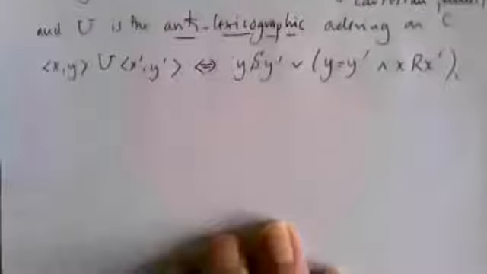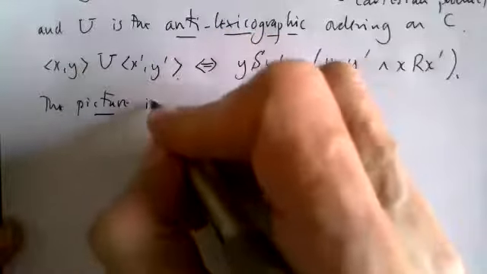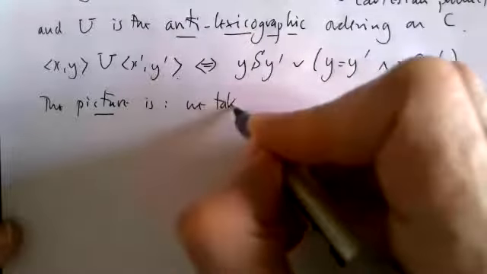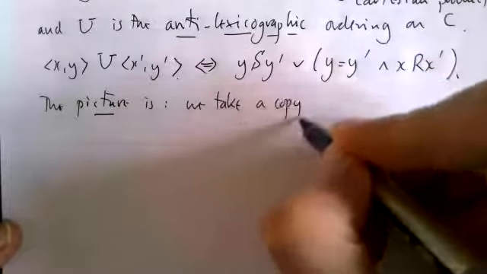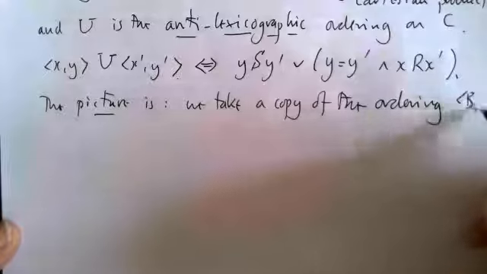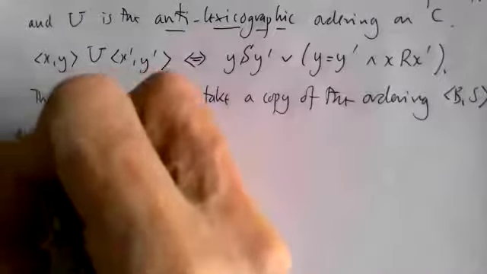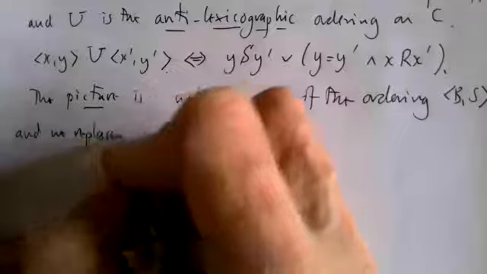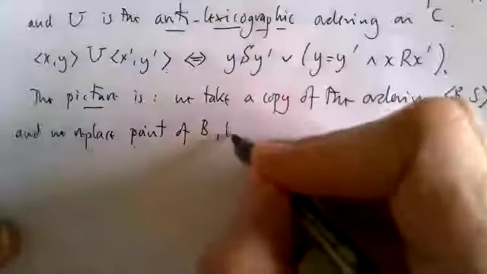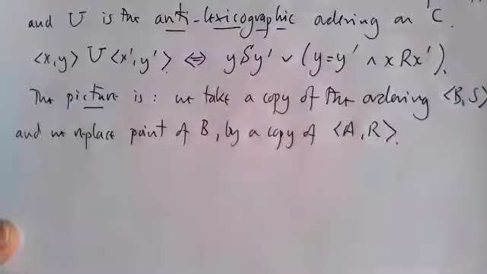So it's like this. Right, so it's easiest to see again through a picture. The picture is we take a copy of the ordering B_S, and we replace each point of B by a copy of A. So that's the recipe of how one does this.